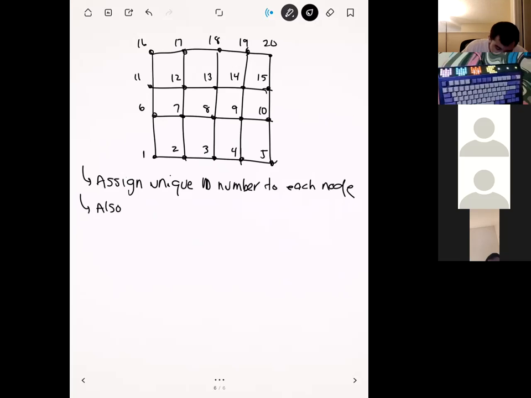And so when you're doing these problems, it'd be useful to draw the grid twice. It'd be useful to draw the grid once with all the unique identifiers, and it would also be useful to draw the grid using this type of nodal coordinates.